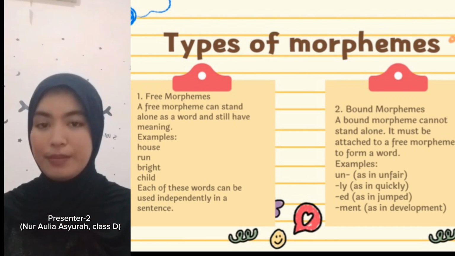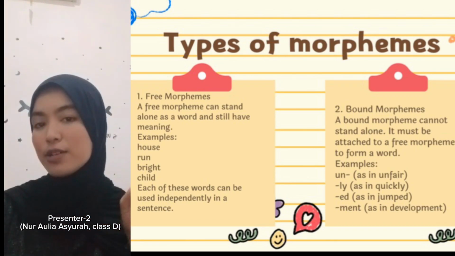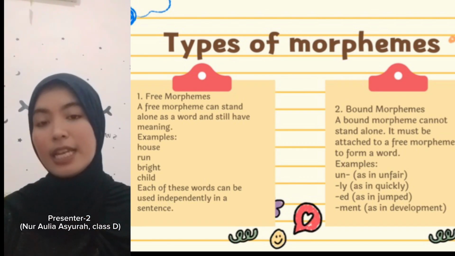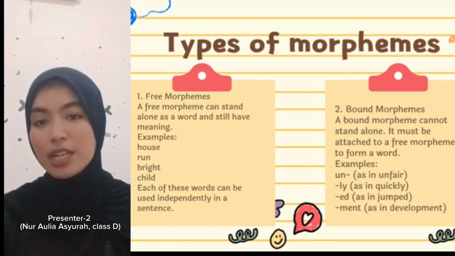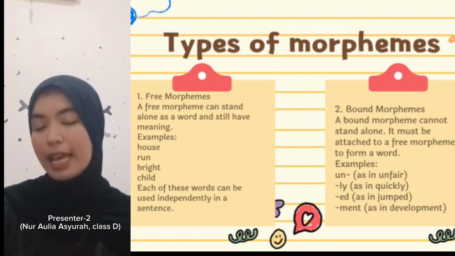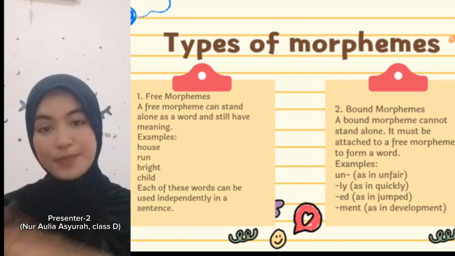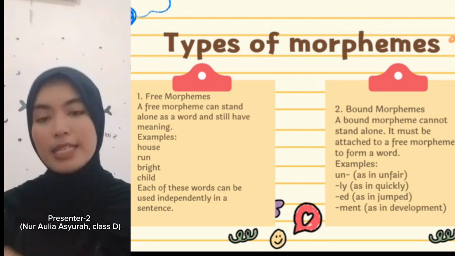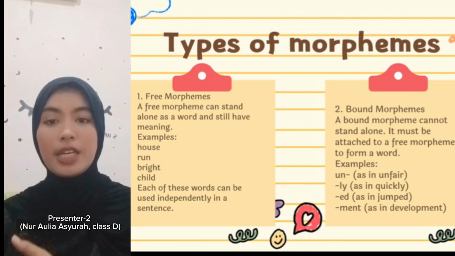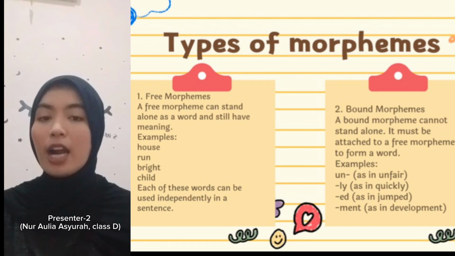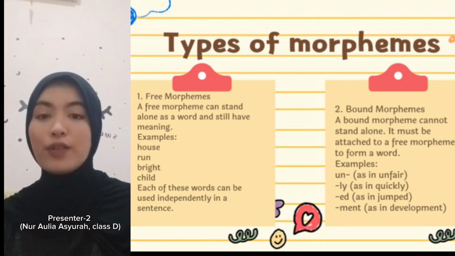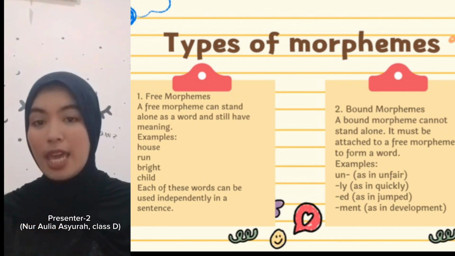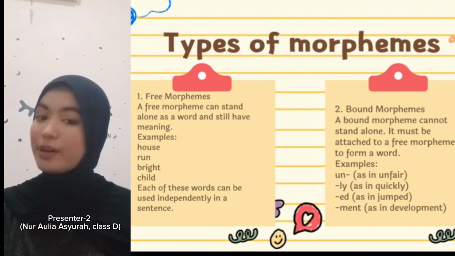First, lexical morphemes, such as house, round, bright, and child, carry the main meaning in a sentence. Second, functional morphemes, such as and, but, the, and in, serve grammatical purposes rather than carrying main meaning. Example: she runs fast. She, runs, and fast are all free morphemes. So, free morphemes function as the core meaning units in language, and they can stand alone without needing other morphemes.